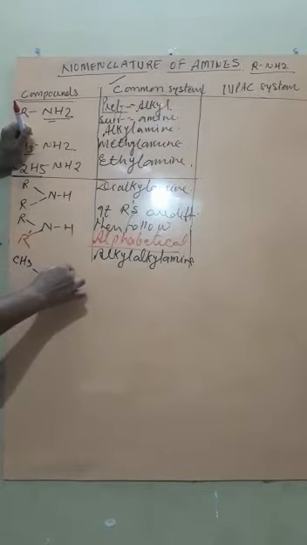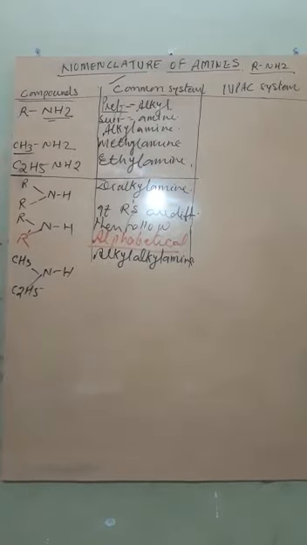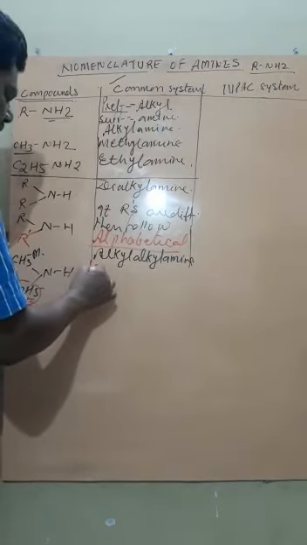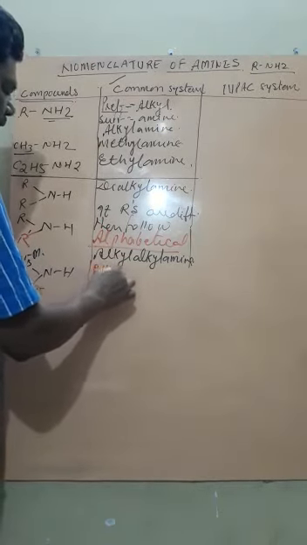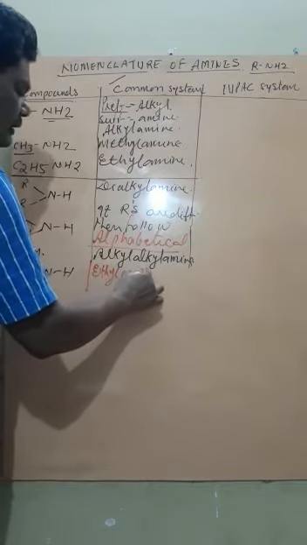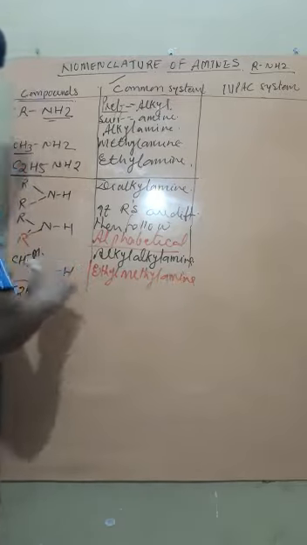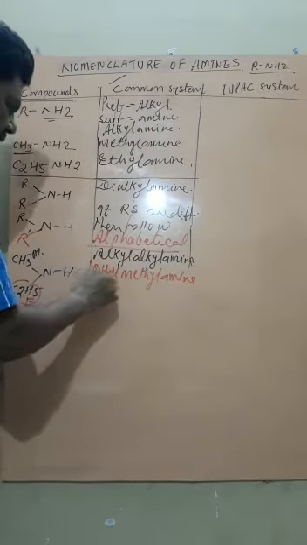Alphabetical order means what? Say here, suppose this is CH3, this is NH, and there is C2H5. You know that E comes first because it is ethyl, followed by M, that is methyl. So the compound name becomes ethyl methyl amine.